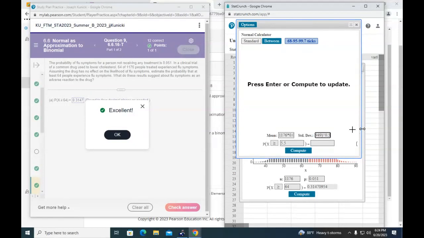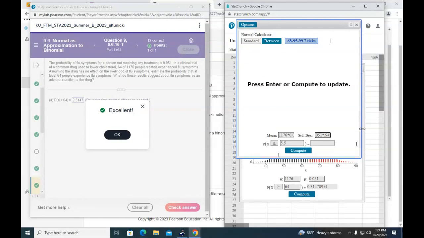I want the square root of that. So you see what I did there? The complement of 0.051 is 0.949. I don't need that parentheses there. There we go.